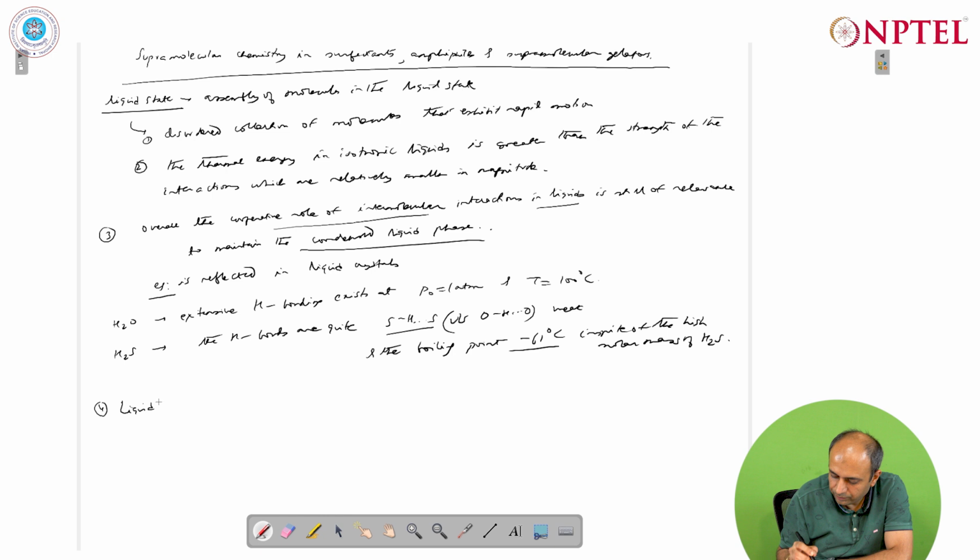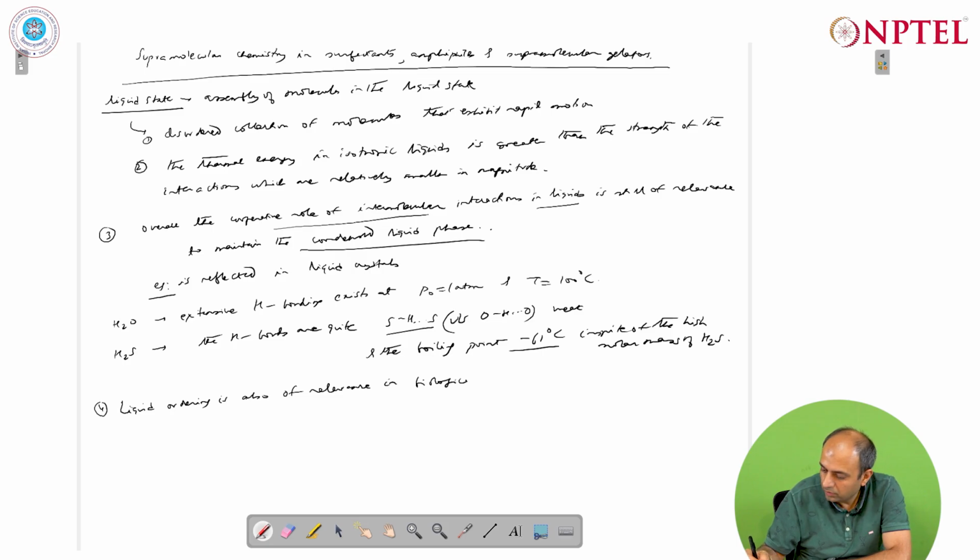So this importance of liquid ordering is also of relevance in biological cell membranes.